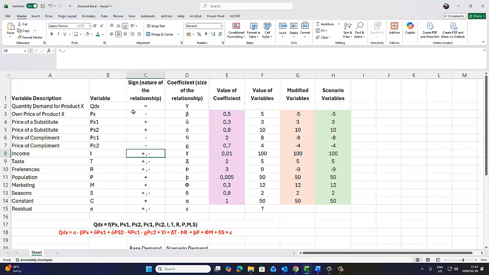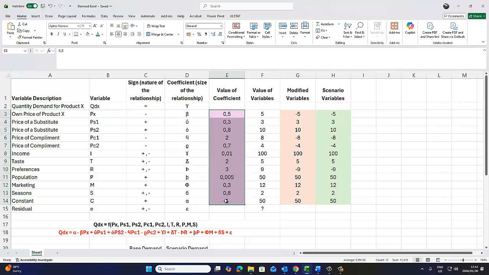Then each of these variables will have a coefficient. And the coefficient basically is the size of the relationship. What is the nature of the relationship? For example, here, 0.5. So for every one increase in the price of the product, quantity will decrease by a half.